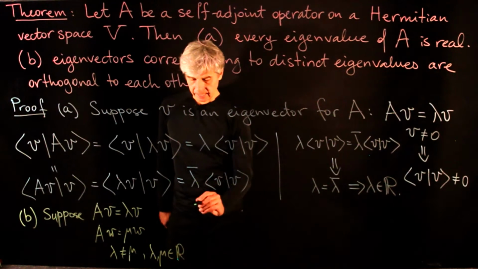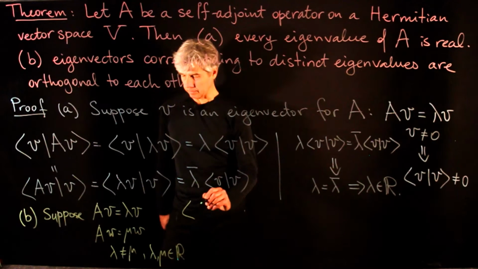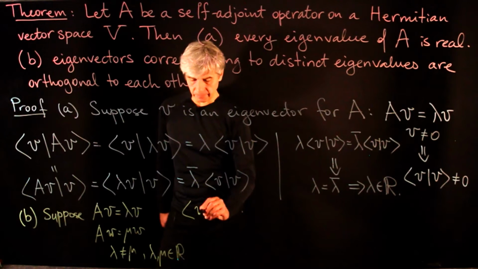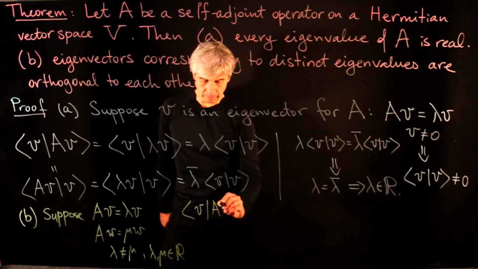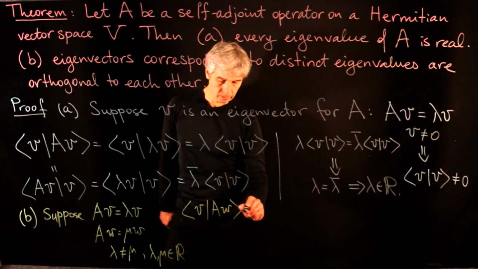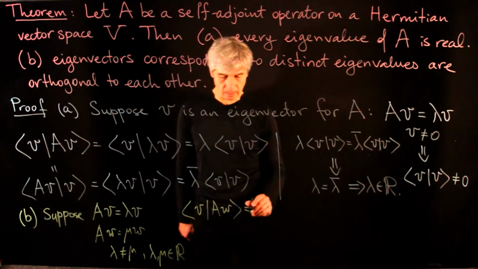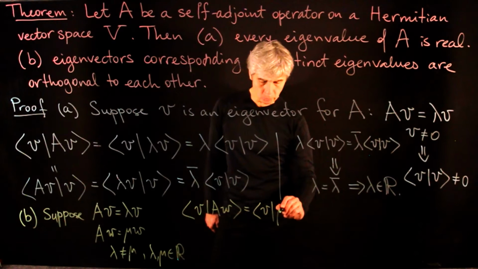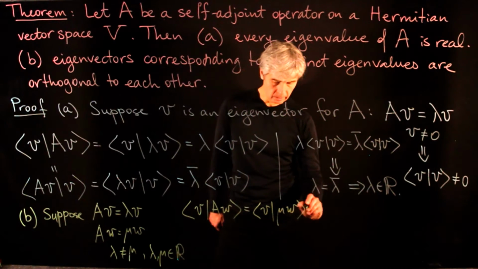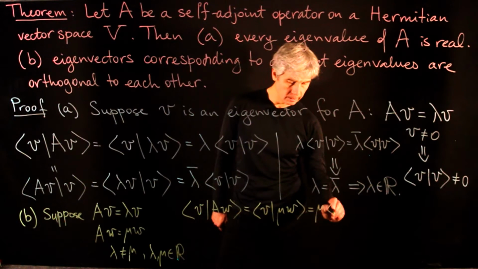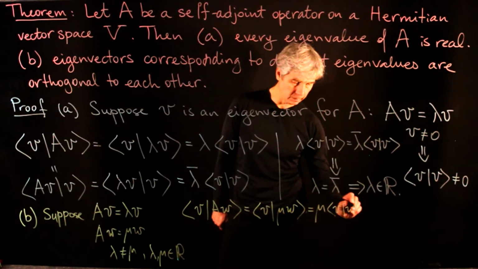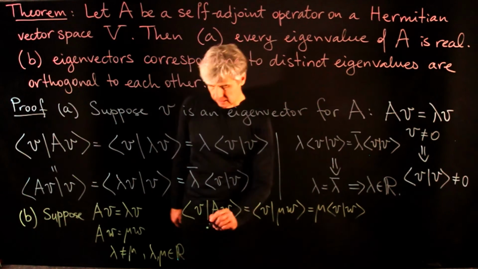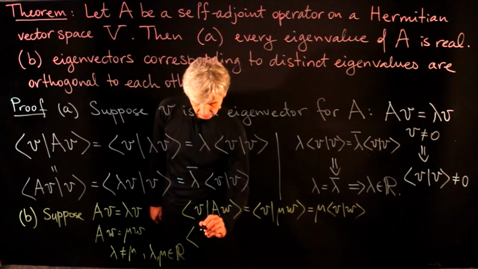Now, let's calculate V with AW. That is equal to V with mu W, and this is equal to mu times (V, W).